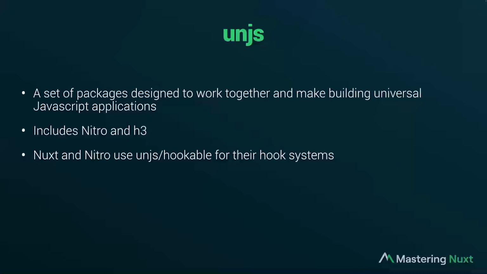So if you're building your own app, your own tooling, and you want to be able to write plugins for it to extend the behavior, this hookable package makes it very easy and simple to do that. The isometric fetch package that Nuxt is using is also an UnJS package.